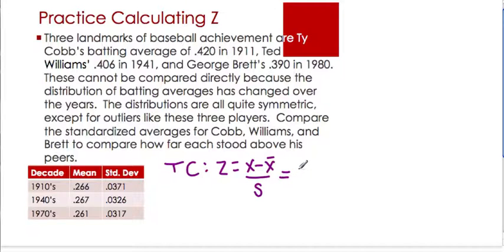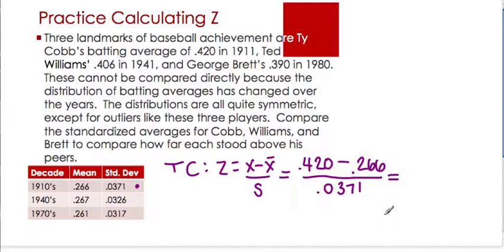Ty Cobb's batting average was 0.420 minus, he played in 1911, so I'm going to use this row right here in order to see what his z-score was as compared to other players from his decade. So the mean in his decade was 0.266 divided by the standard deviation in his decade, which was 0.0371.